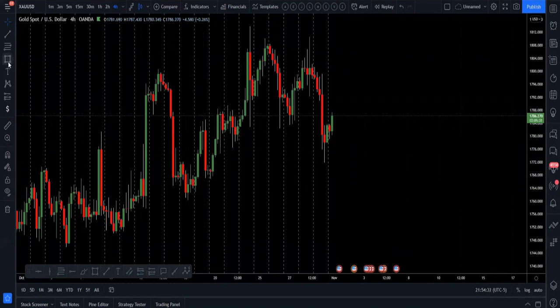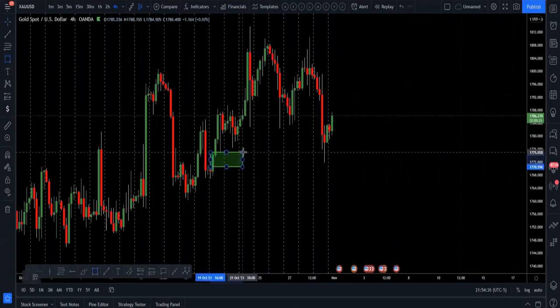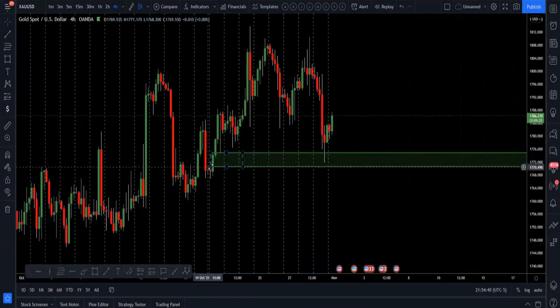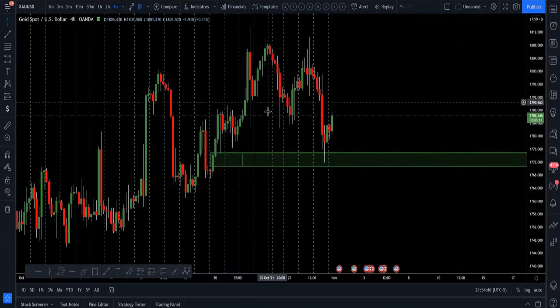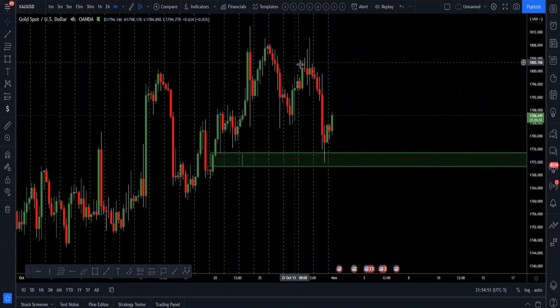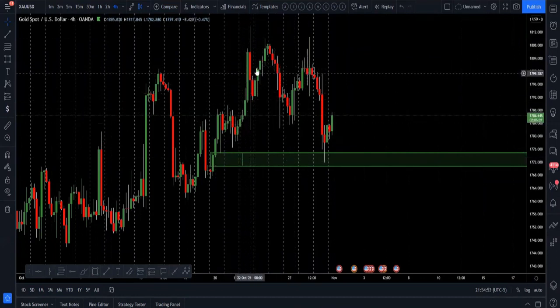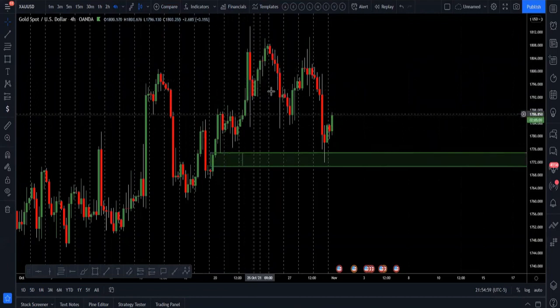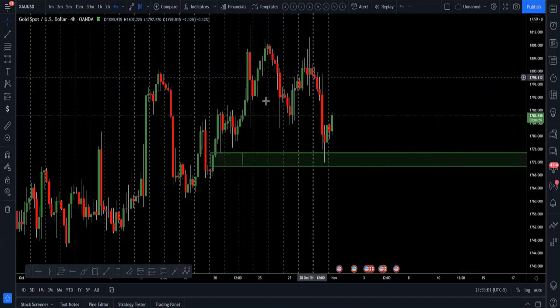So what happened was it left the entire area here that was unattended to, unbalanced. The price continued to make its movements, balancing out price on the way up, but this remained imbalanced. So once price made its move and started making its move down, this became a magnet for price to bounce off of.